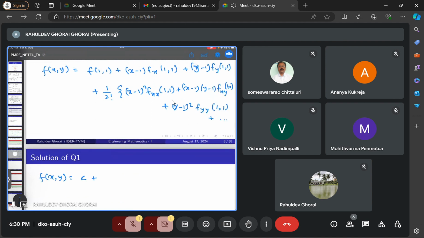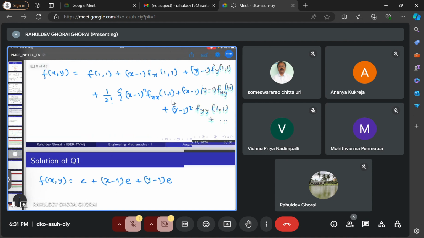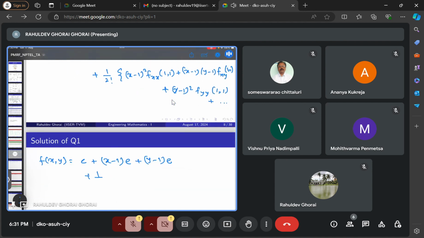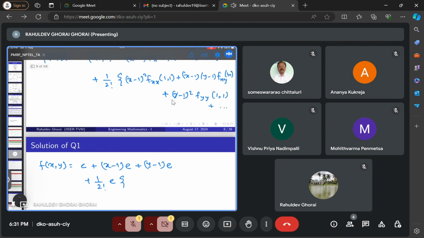These both are e, so it is also x minus 1 times e plus y minus 1 times e, plus 1 over 2 factorial e. If you take common, f_x at 1, 1, all these things will be e, so x minus 1 whole square plus x minus 1 times y minus 1 plus y minus 1 whole square, and the third term will be there.